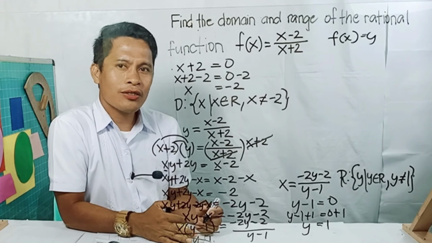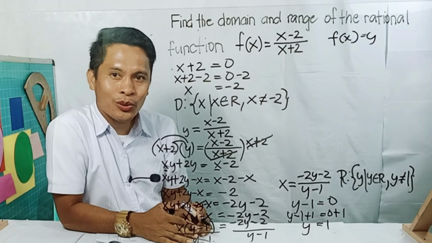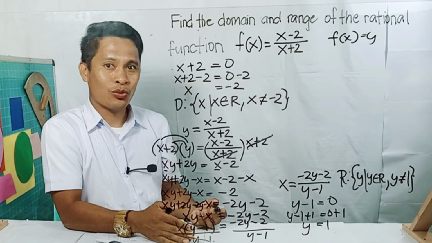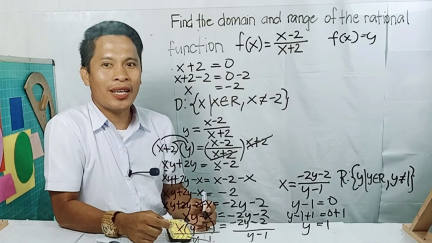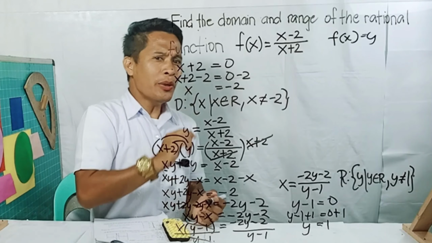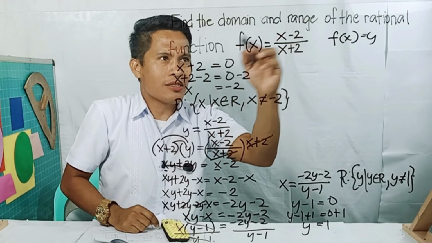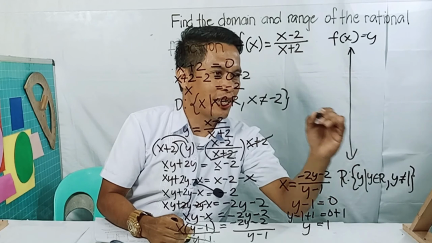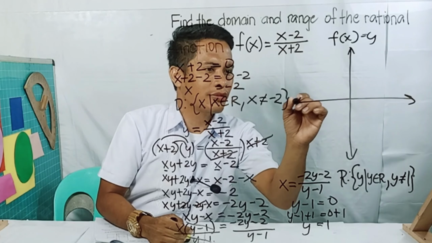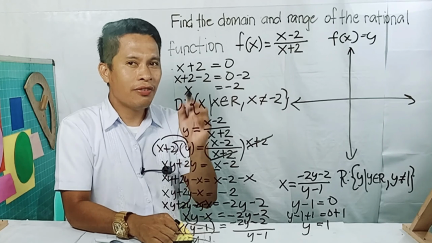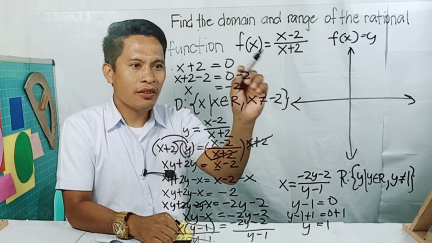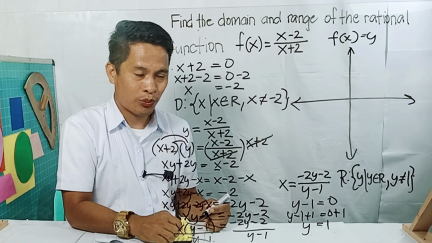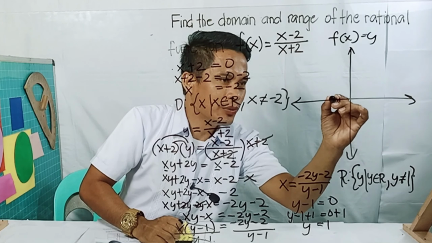Domain and range is related to the vertical and horizontal asymptote, which will be discussed by Sir Eli. If we graph this rational function, let's sketch this graph. The value of x that will make the function undefined is negative 2.